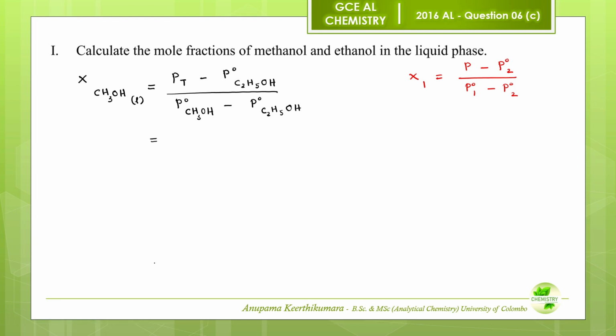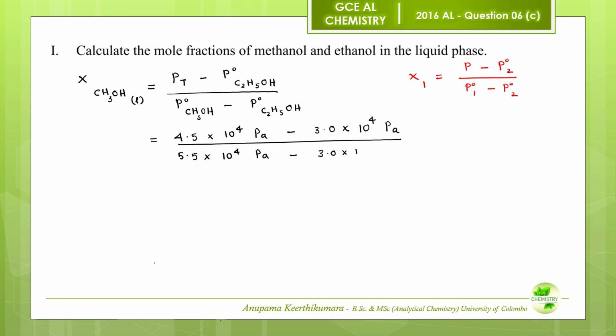Now substitute values for this equation. Total vapor pressure is 4.5 times 10 to the power 4 Pascal, minus the saturated vapor pressure of ethanol, 3 times 10 to the power 4 Pascal, divided by the saturated vapor pressure of methanol, 5.5 times 10 to the power 4 Pascal, minus again the saturated vapor pressure of ethanol, 3 times 10 to the power 4 Pascal.